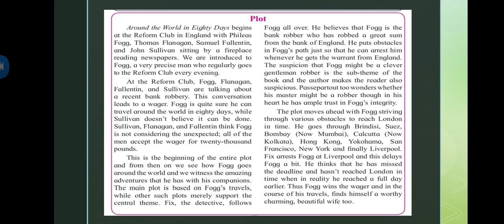As he got arrested, he thought his plan got delayed and he is unable to complete the task before the deadline. He thought he was a full day late, but in reality it was not real.